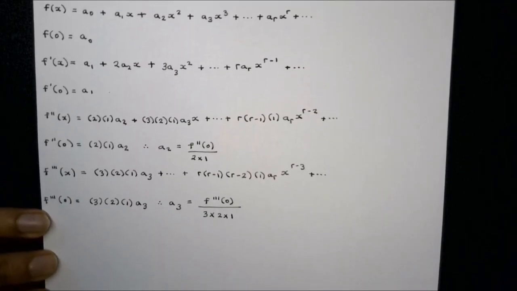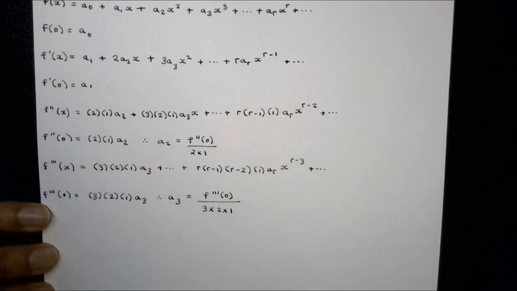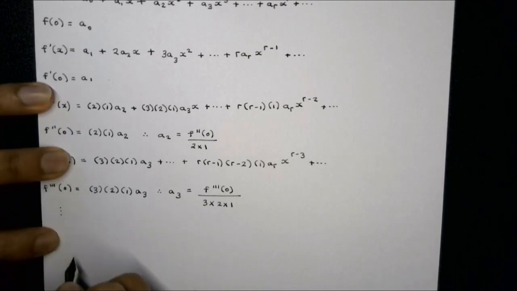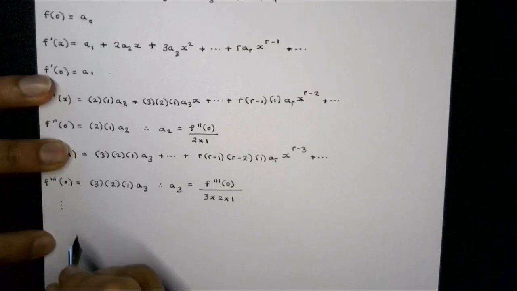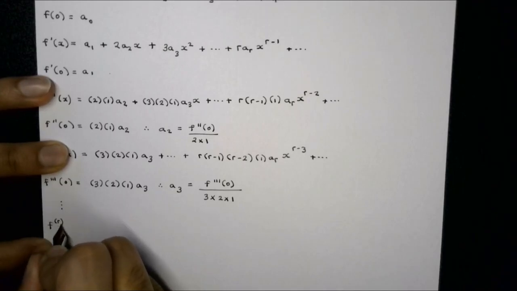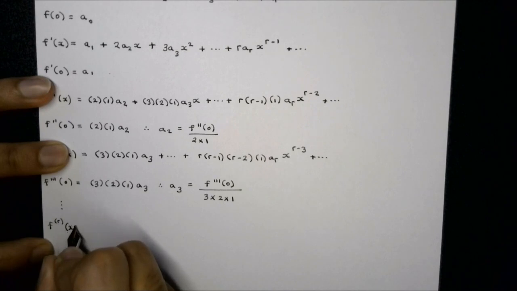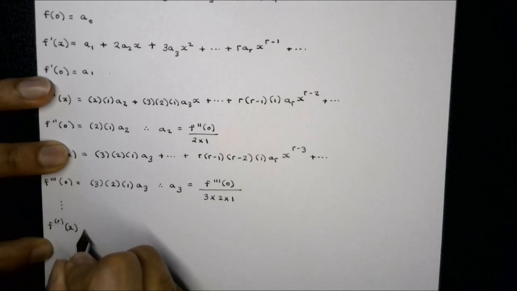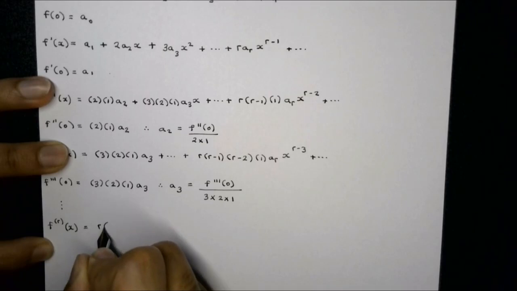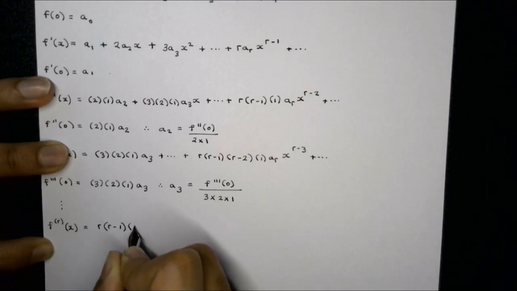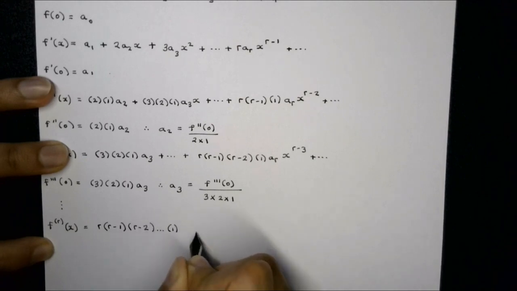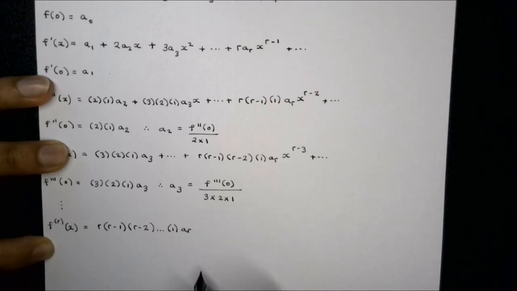Now, if we continue this way by differentiating r times, hopefully here what you can see, if we find the nth derivative of f, hopefully here you can see we'll end up with r lots of r minus 1, lots of r minus 2, and then we continue until we get 1, and then we times by ar.